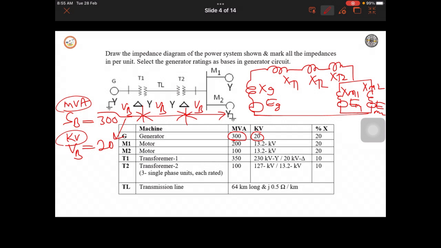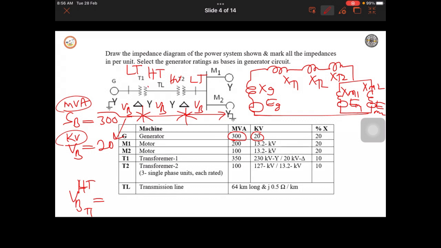So let us have the formula to find the base voltages. Base voltage on the LT side of the transformer, if you want. So transformer 1, LT side of the transformer. See here we want the HT side, because this is the generator transformer, this is LT, this is HT, because the generator side transformer's function is to step up the voltage. On the load side, the motor side transformer is T2, its function is to step down the voltage.